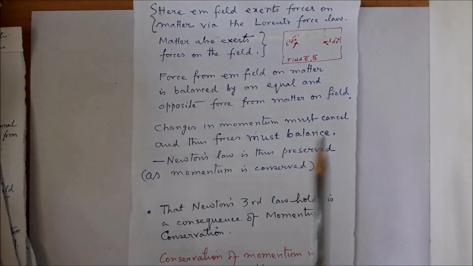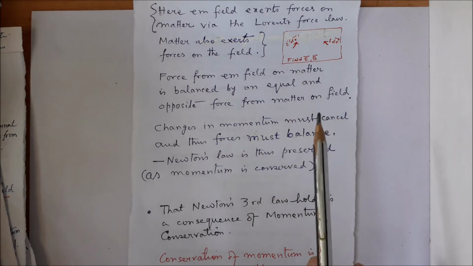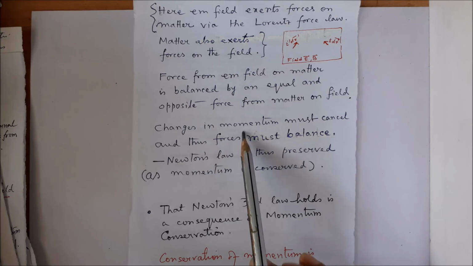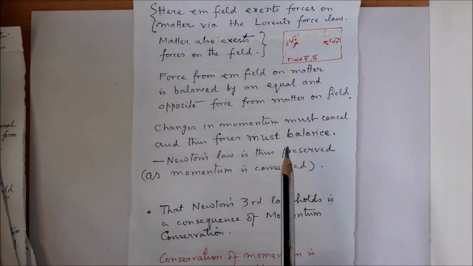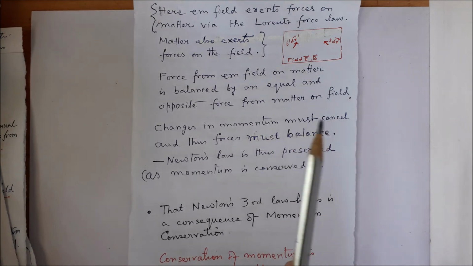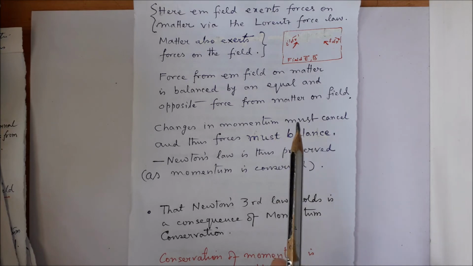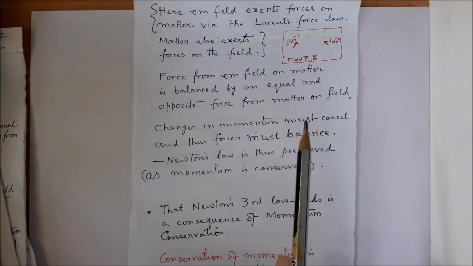In a nutshell, Newton's third law appeared to be disobeyed because we did not consider the field momentum of the electromagnetic field. We can give an analogy. In a cricket match, you have to consider the contribution of all the batsmen, 11 batsmen, when wanting to calculate the total score.